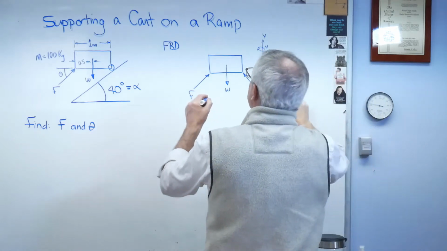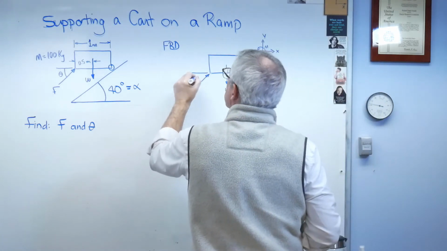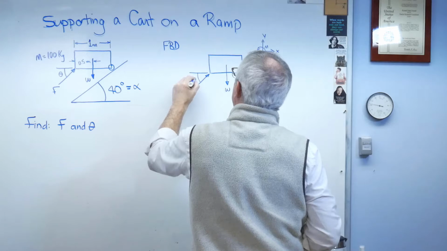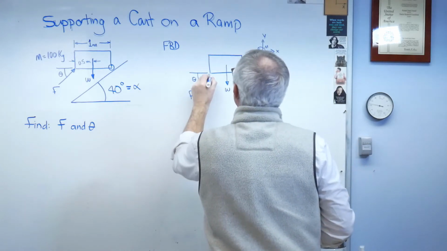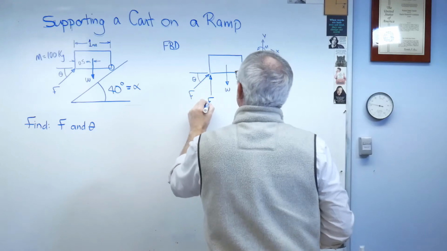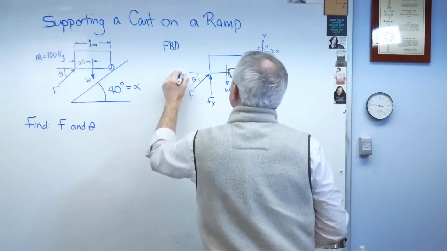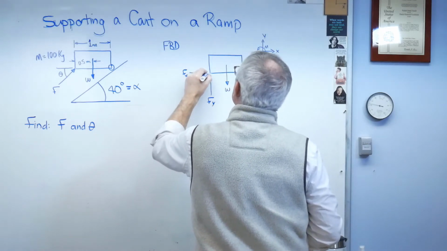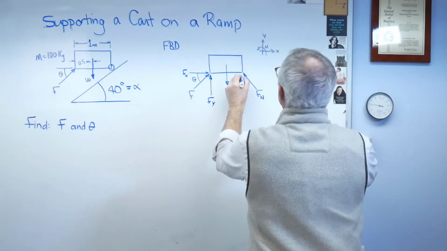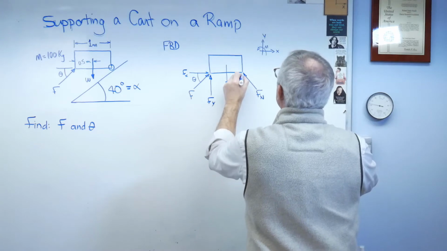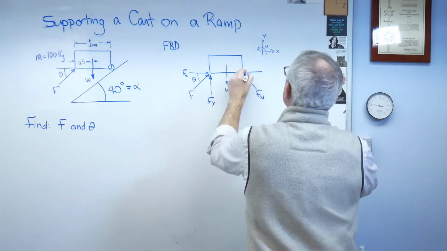So let's fix that. Now, let's define this as theta. We don't know what that is. That's given. So here's the components, F in the y direction and F in the x direction. Now, let's also define Fn in the x and y directions. And this is going to get a little busy here.